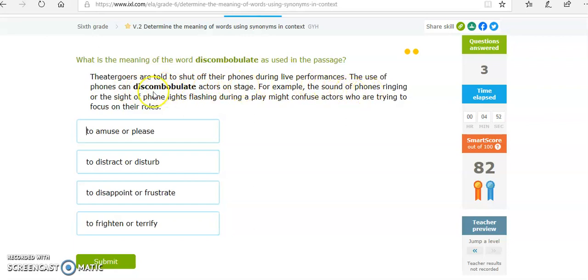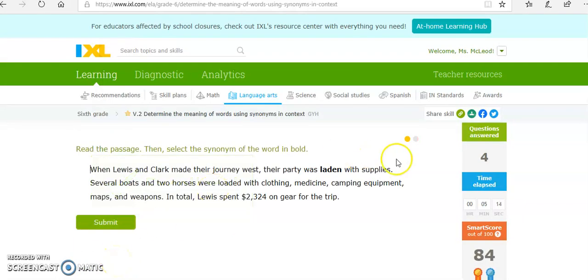So sounds of phones ringing, sight of phone lights, they can discombobulate actors, which means not amuse or please, distract or disturb, disappoint or frustrate, frighten or terrify. This means disturb them, like throw them off track. All right. Let's try another one.